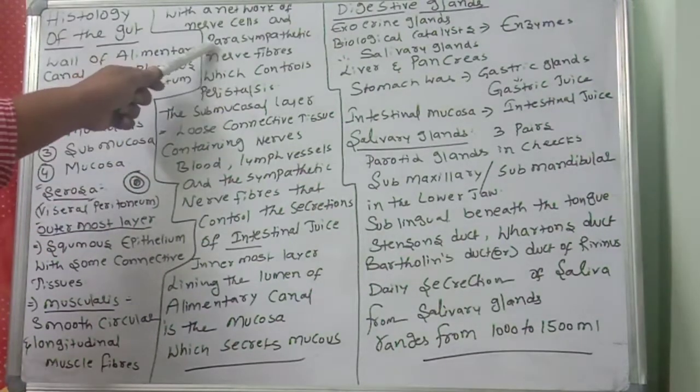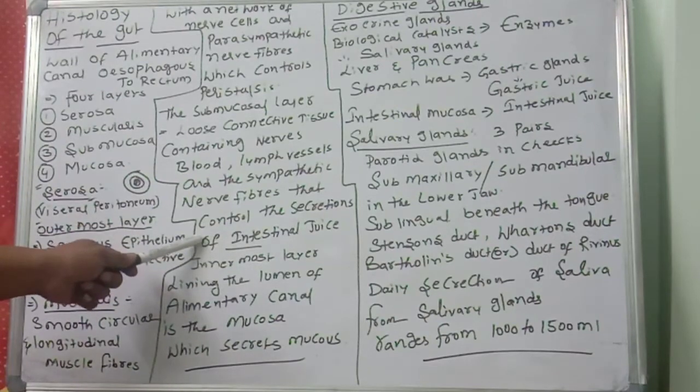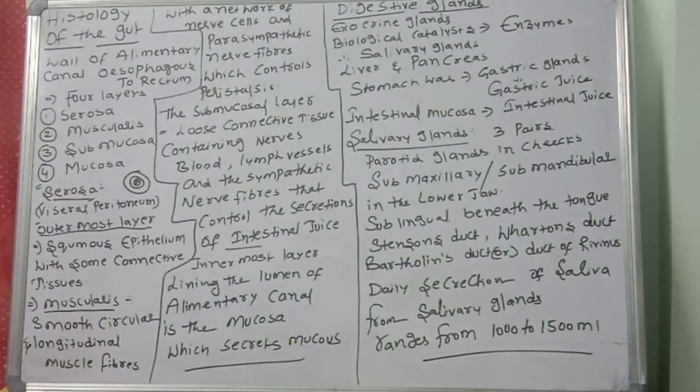Here it is sympathetic, not parasympathetic. These sympathetic nerve fibers control the secretion of which one? The secretion of intestinal juice. Intestinal juice secretion is controlled by the sympathetic nervous system.